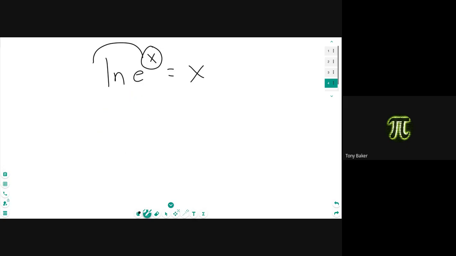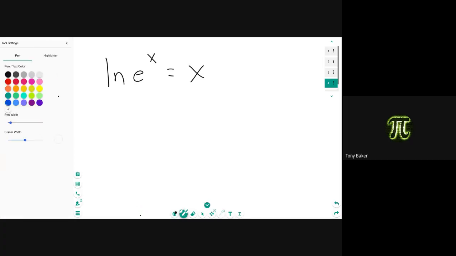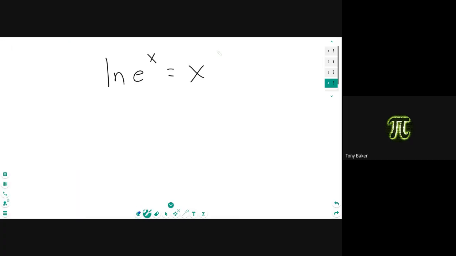Okay. All right. So if I was to take this side and raise it to the r power, what would I have to do to the other side? I would have to do the same.